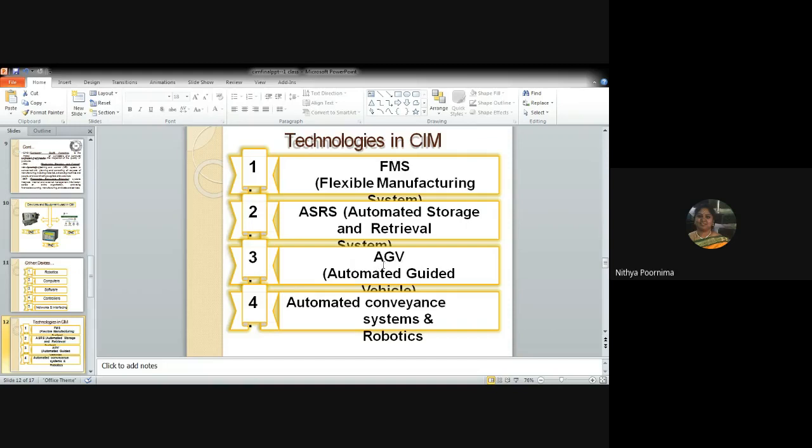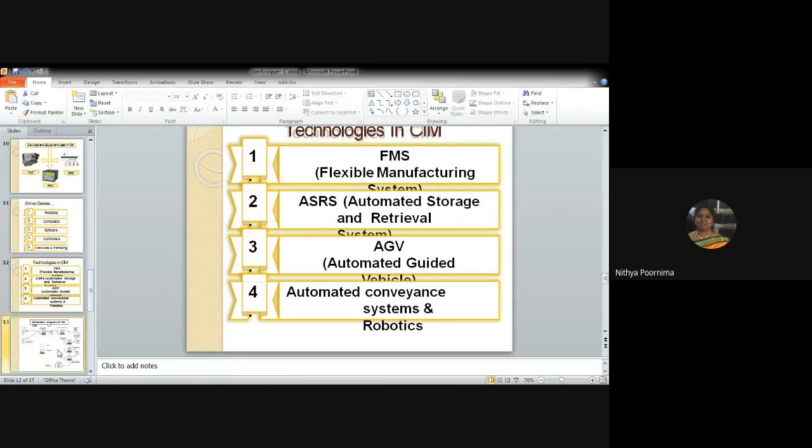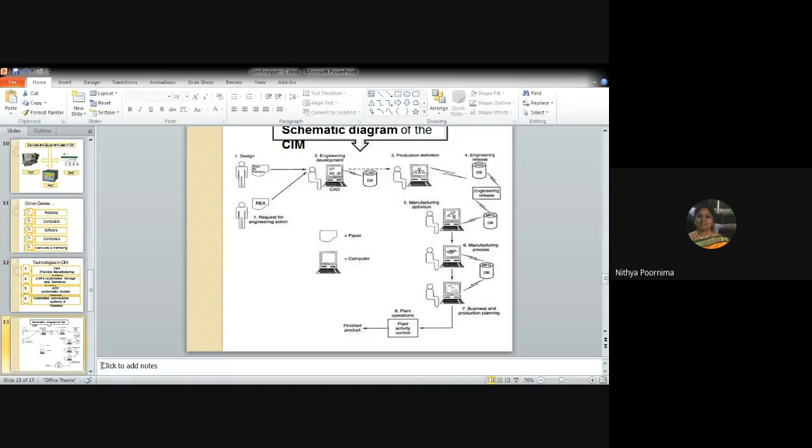Basically, these AGVs are a part of a SIM system, right? Then we have the conveyors, which enable the component to move from one station to the other station. You can either have a conveyor system, or you can use robotics for pick and placing the object, right? I'll skip this because I already explained it in the other sketch.